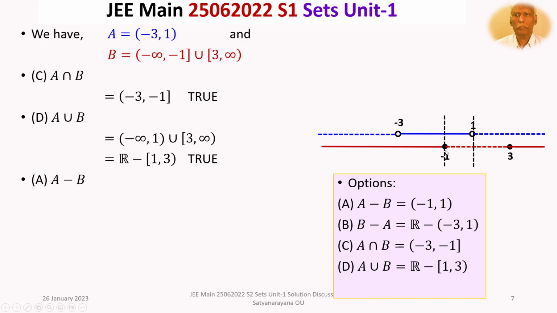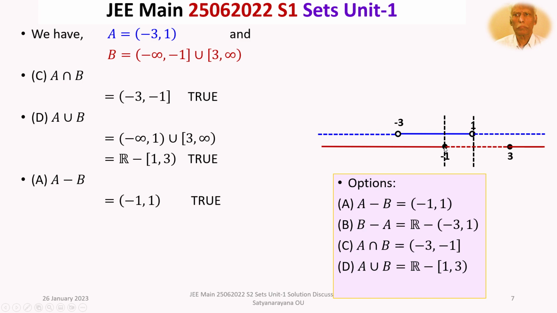So minus 1 is included here, but not in B. So it is open. You have to take open minus 1 to open 1, because here it is open.